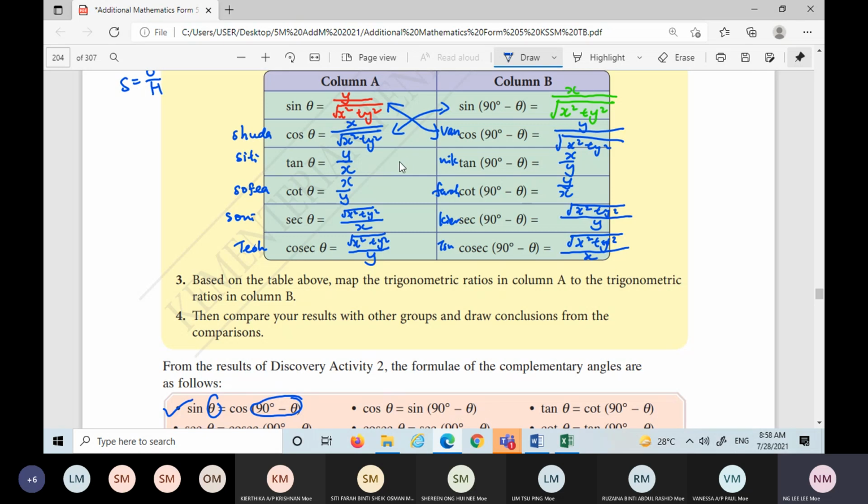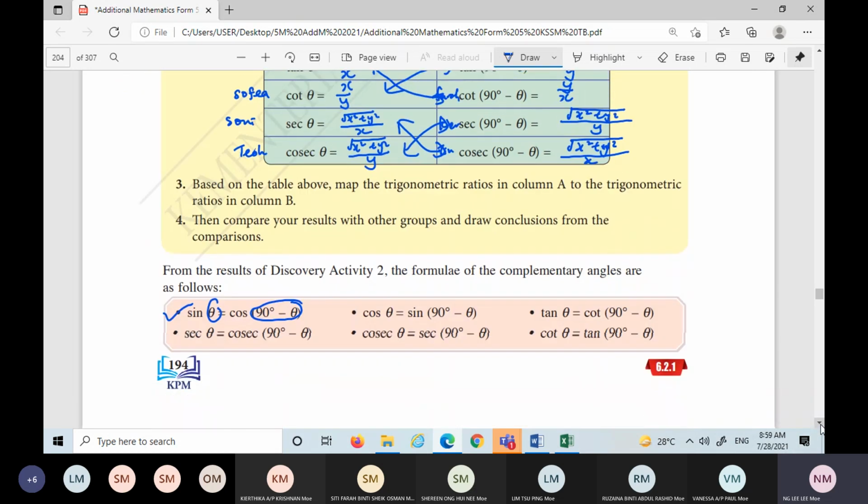Then tangent is paired with cotangent, and cotangent with tangent. Then secant pairs with cosecant, and cosecant with secant. So you have these 6.